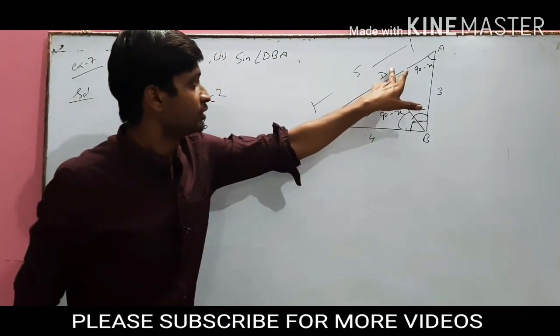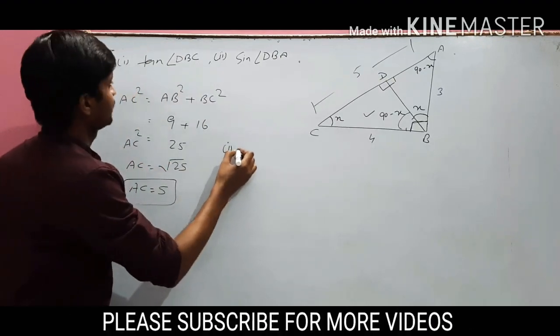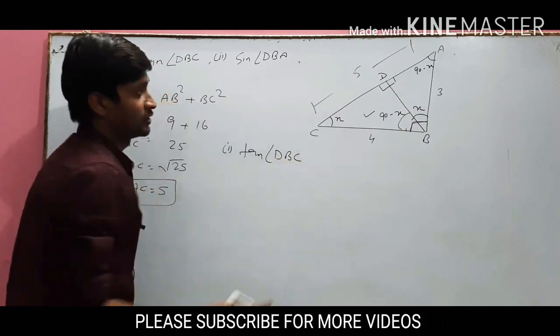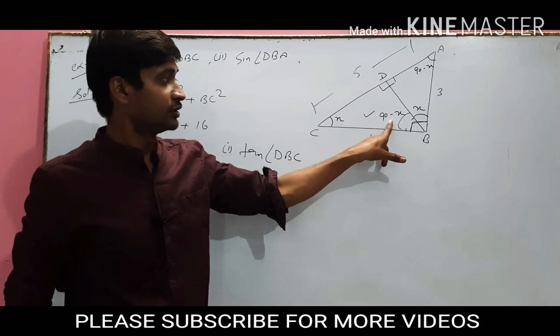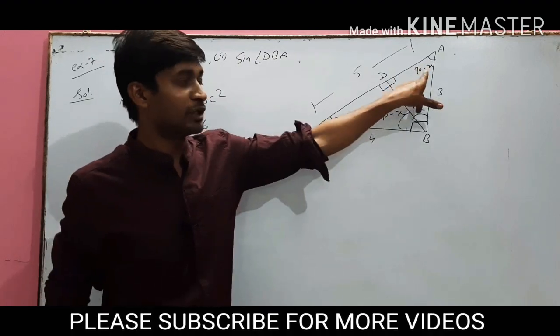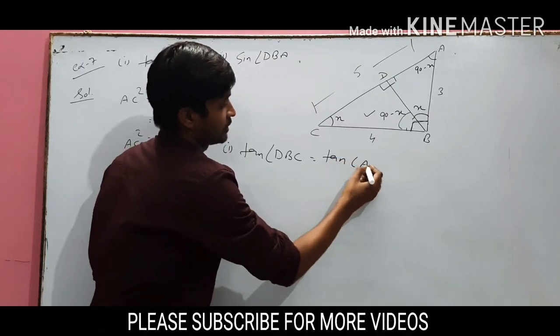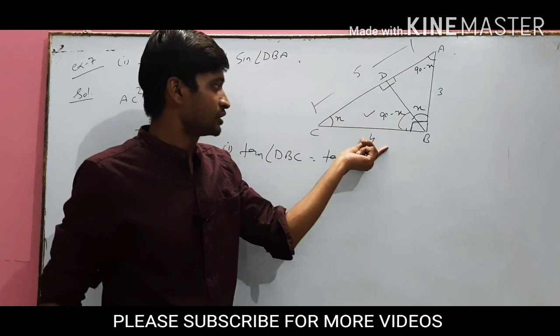Where DBC? DBC. So right here, first tan angle DBC. See here, which is DBC? DBC means they are talking about this angle. So this is 90 minus X, this also 90 minus X. So we can write there tan A instead of angle DBC because both are 90 minus X. So for this angle, this is perpendicular.